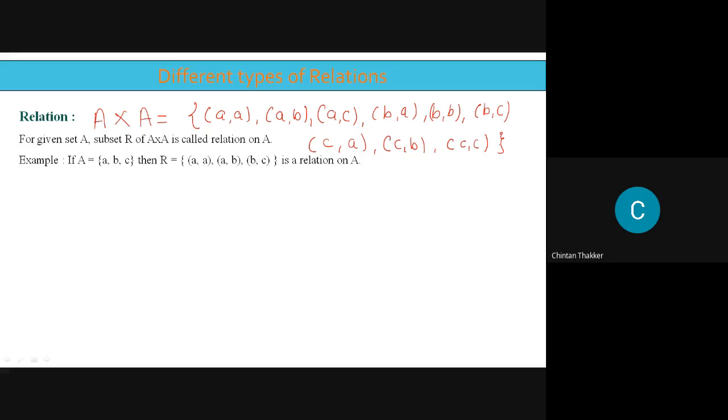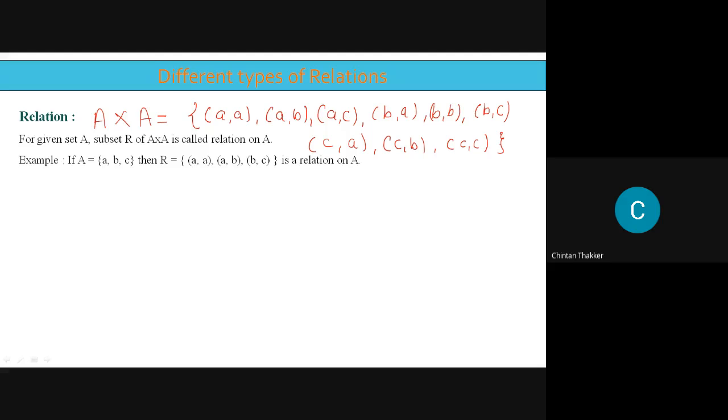So how many subsets of A cross A? We have 2 raised to 9, that means 512 subsets of A cross A. So in total we have 512 relations on A. Someone can ask in an MCQ: if A contains 3 elements, then how many different relations are possible on A?